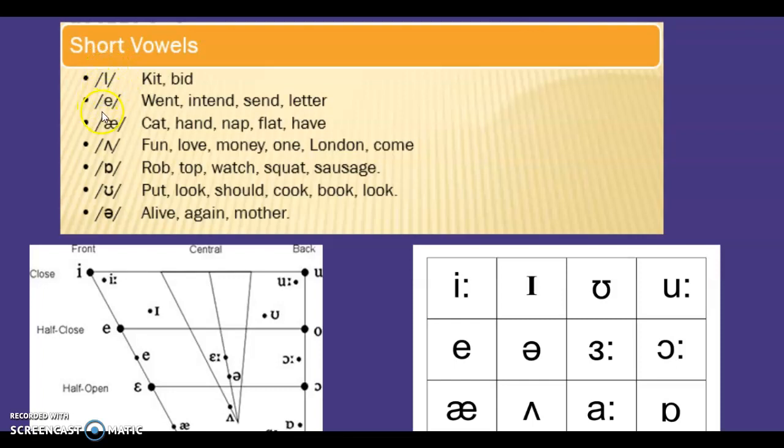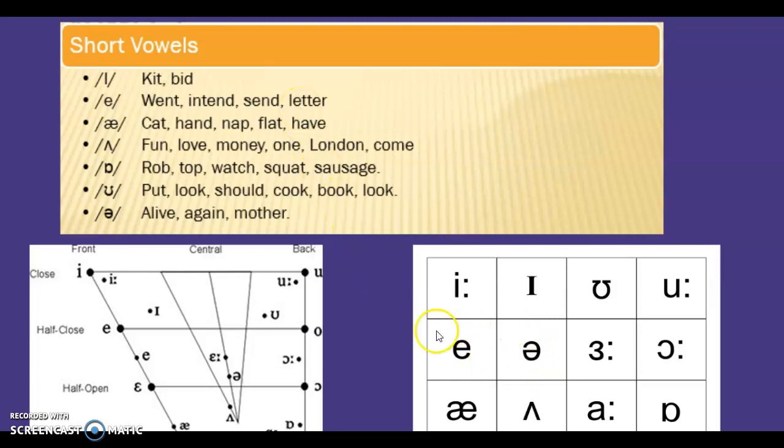So let's repeat the sound E. E, as in went, intend, send, letter, send, intend, went. Okay? Again, let's read it again, and now you repeat. E, went, intend, send, letter.